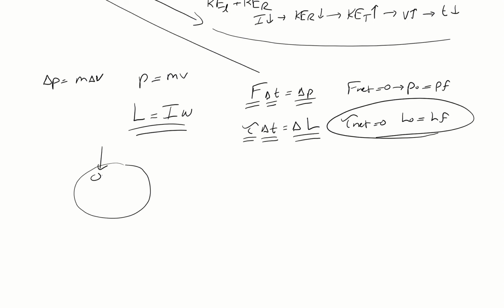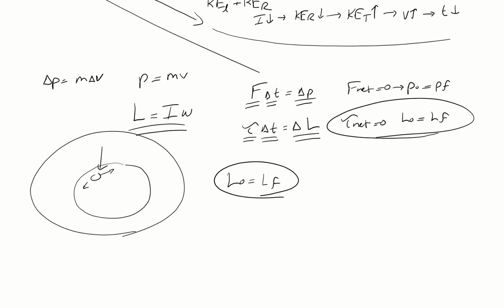Even though there are some equal and opposite forces acting on the wheel and the clay, there are no outside forces acting on the whole system. And because there are no outside forces acting on the system, there really shouldn't be any outside torques acting on the system either. And so if there's no outside torque, we know that the angular momentum should be conserved, and that in fact gives us the route that we need to solve an example like this.